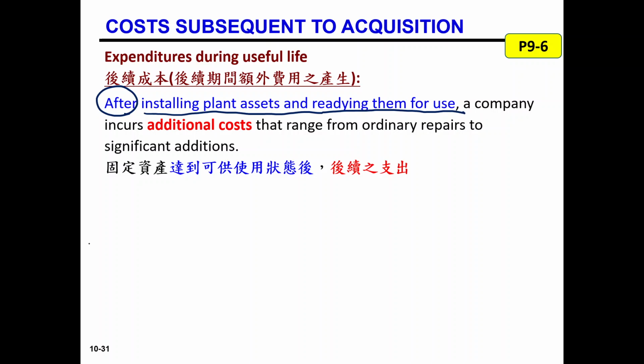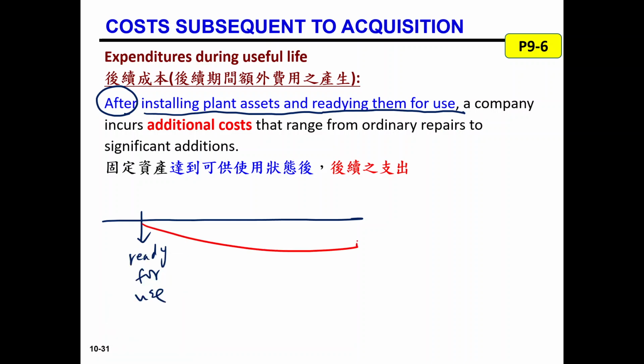Okay. So we talk about at this moment ready for use. Then after that, we have additional cost.